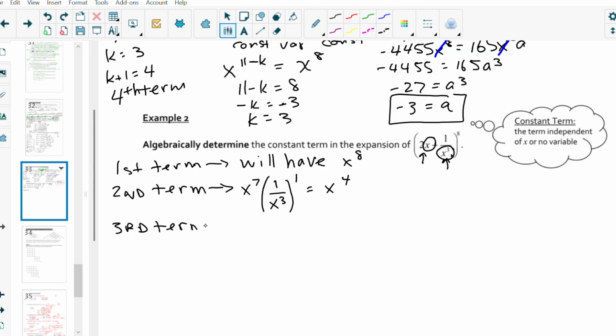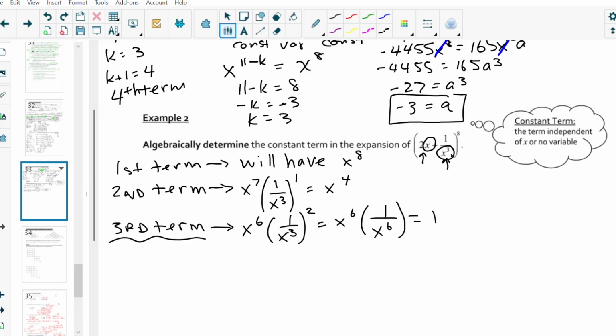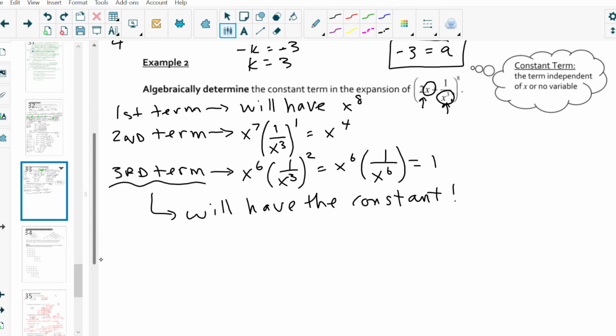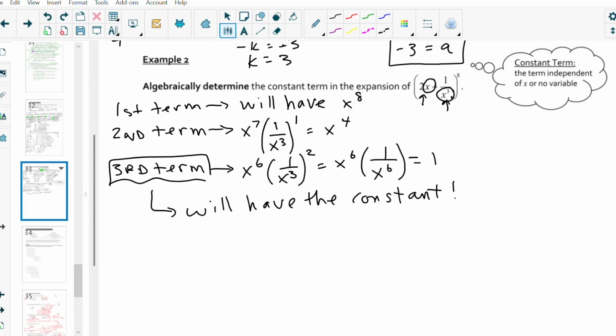What about the third term? x to the 6th, 1 over x to the 3rd, right? Remember, the values go up for the y value, so it's going to be 2. Well, bingo, that's equal to 1. No more exponents, right? So the third term will have the constant.